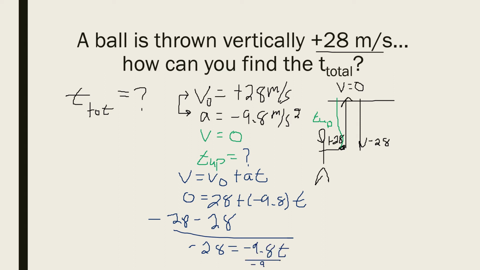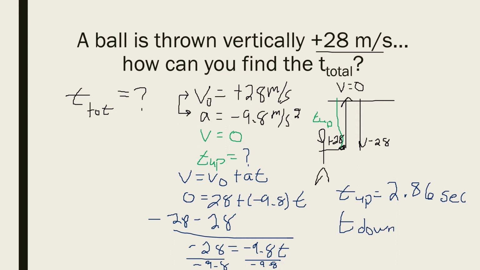Divide by negative 9.8. Okay, so I got a t up of, let's say 2.86. I'm rounding. 2.86 seconds.